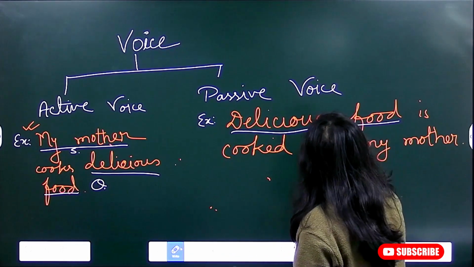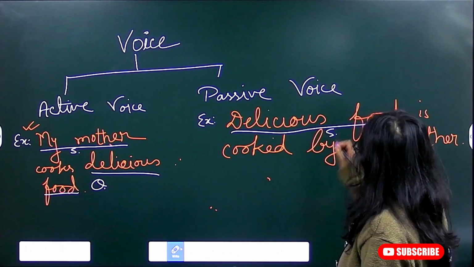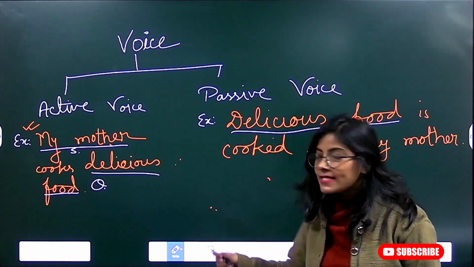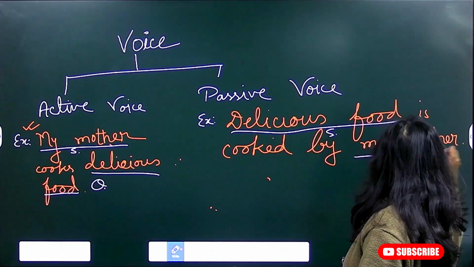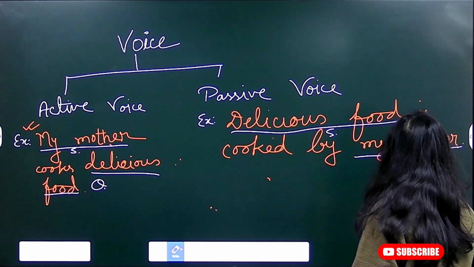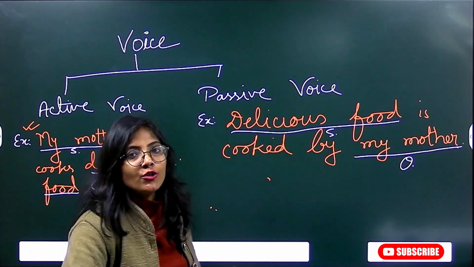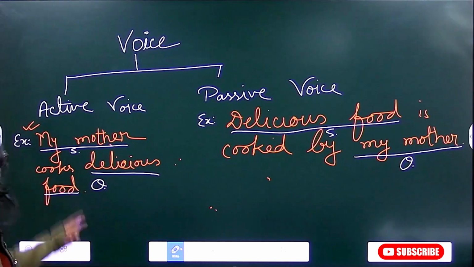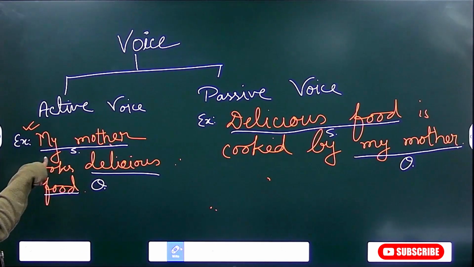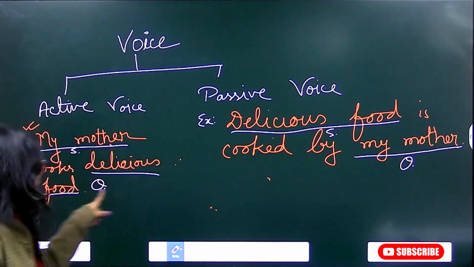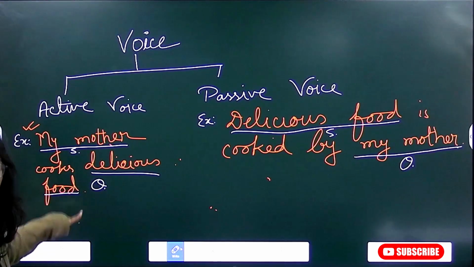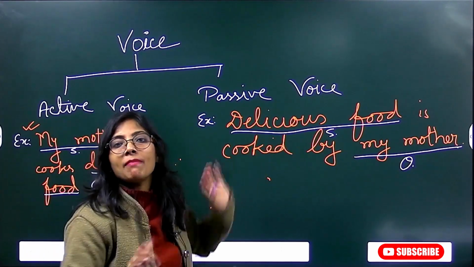So this becomes the subject here, and where is the object in the sentence? This, my mother. My mother is the object in the sentence. Now you look at these two different sentences. This was subject, my mother, it has become object. And here delicious food was the object. This has become subject in passive voice.